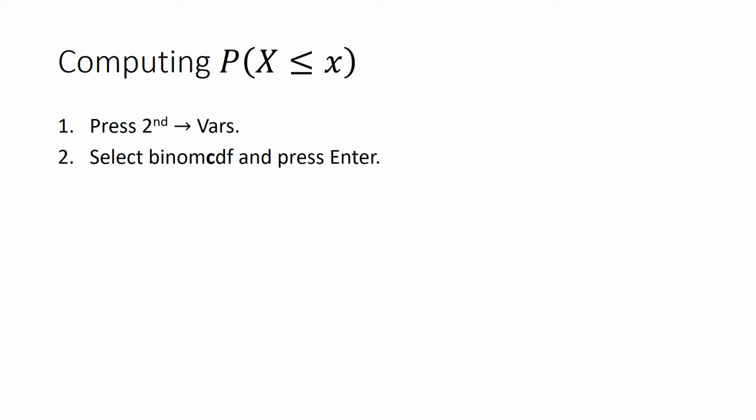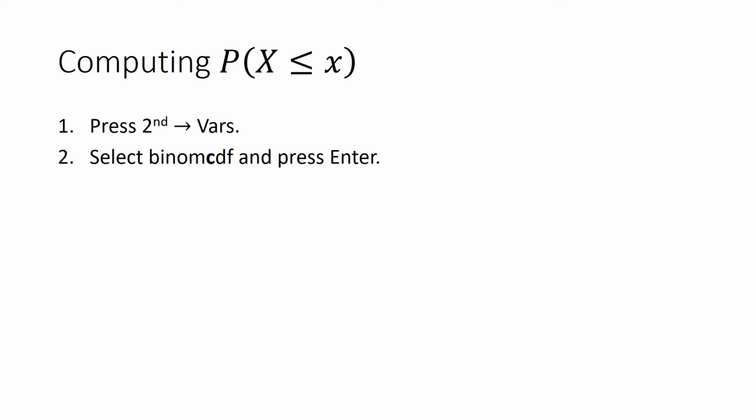If we want to compute the probability that x is less than or equal to little x, we could compute lots of separate probabilities. Say that x is equal to 3 and 2 and 1 and 0 and add them all up. But there's a faster way to do this on our calculator.